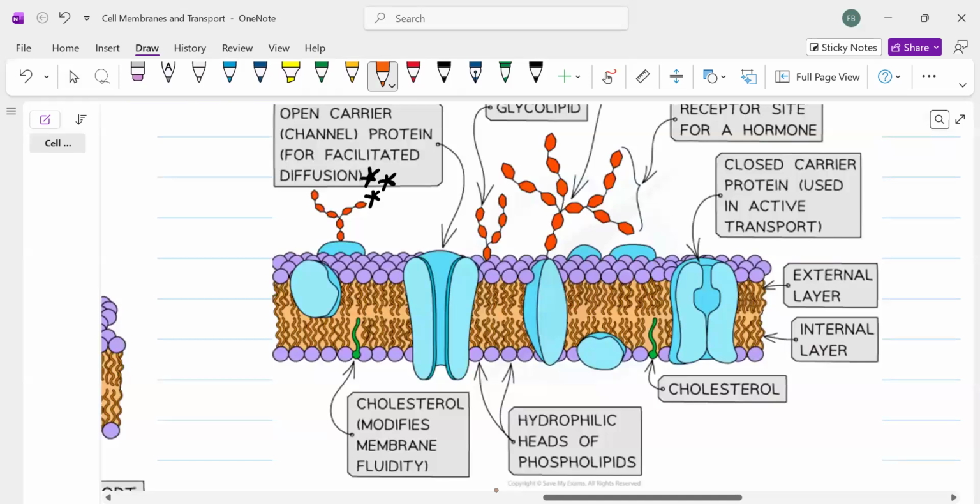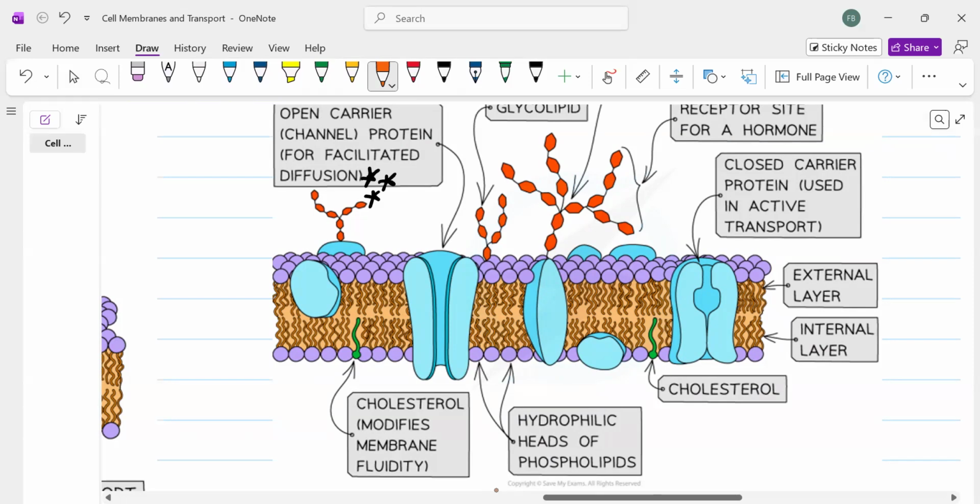When we talk about simple diffusion, what we say is that the substances diffuse from the area of higher concentration to the area of lower concentration.